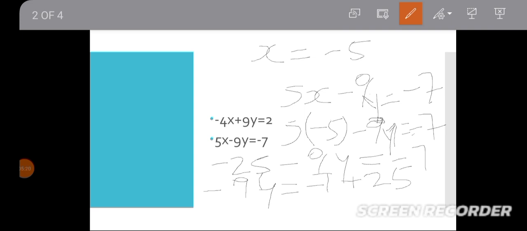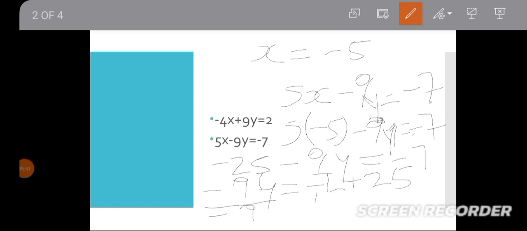Because this operation is multiplying, we're going to do the opposite, which is dividing. We're going to divide by negative 9, right? And here, negative 7 plus 25 will leave us with a positive 18.